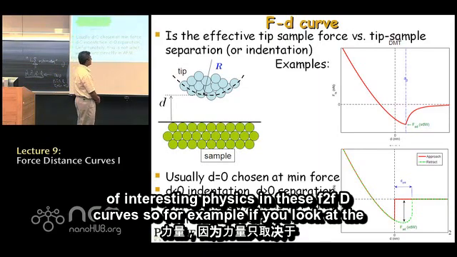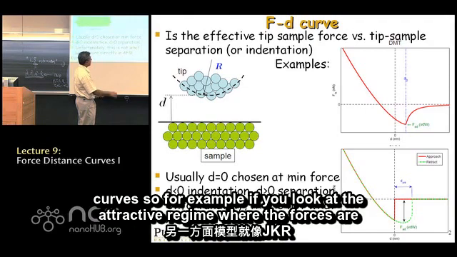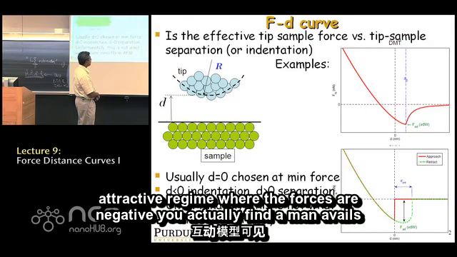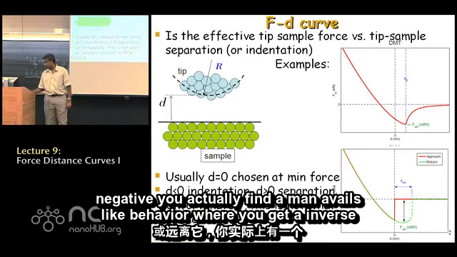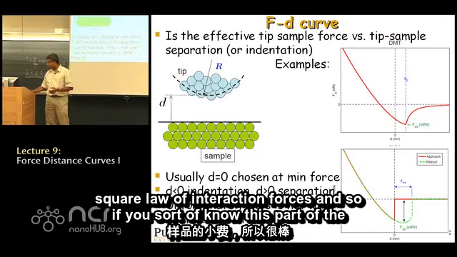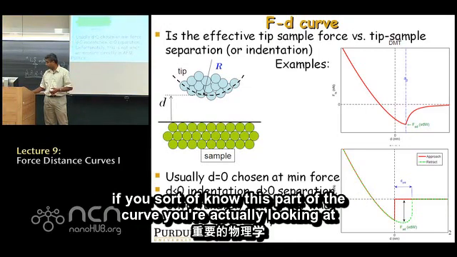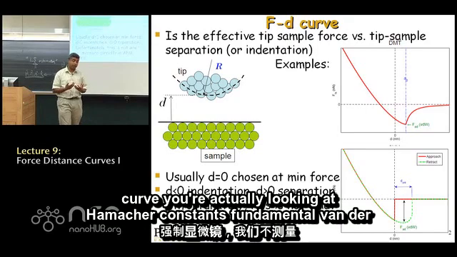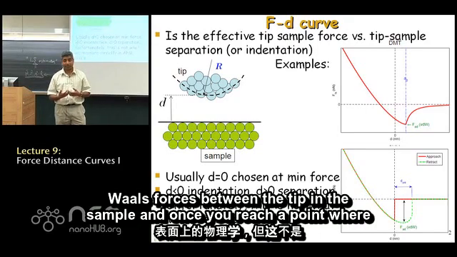For example, in the attractive regime where the forces are negative, you find van der Waals-like behavior with an inverse square law of interaction forces. If you know this part of the curve, you're looking at Hamaker constants, fundamental van der Waals forces between the tip and the sample.